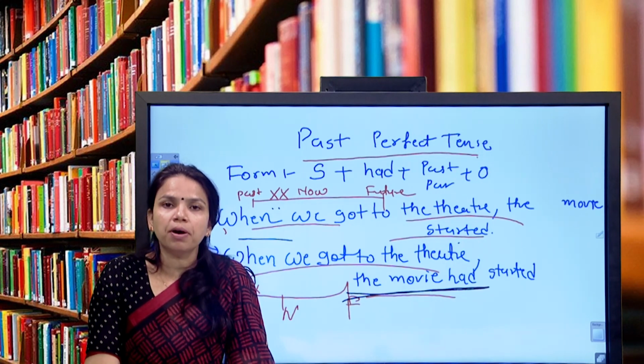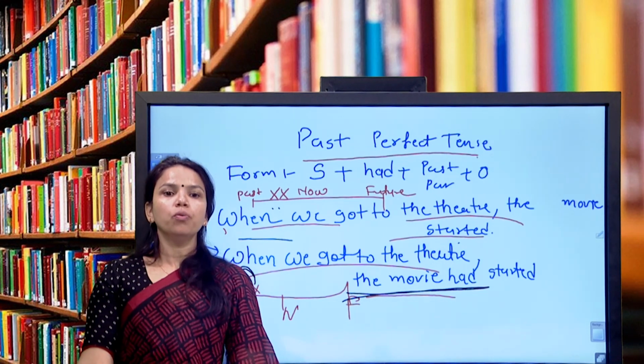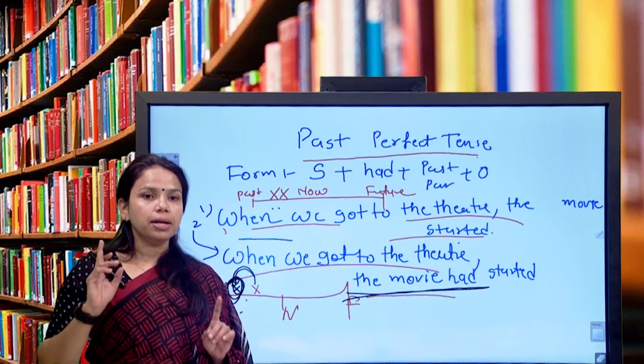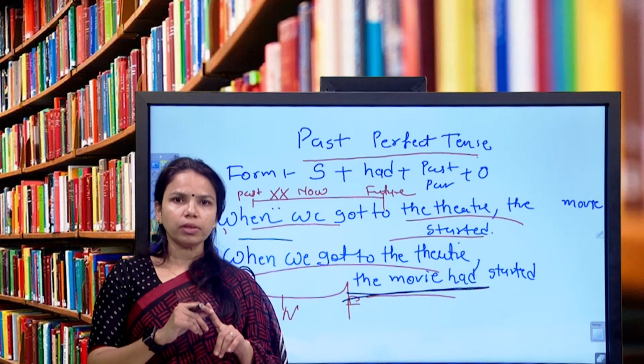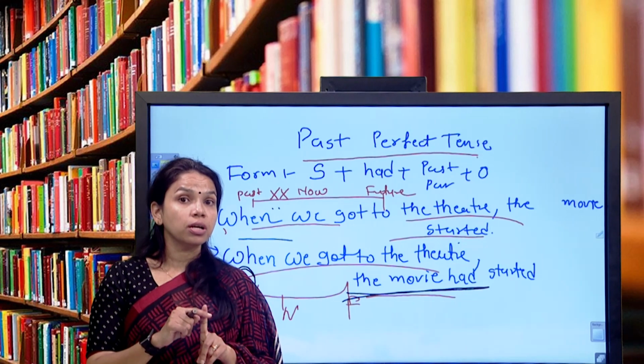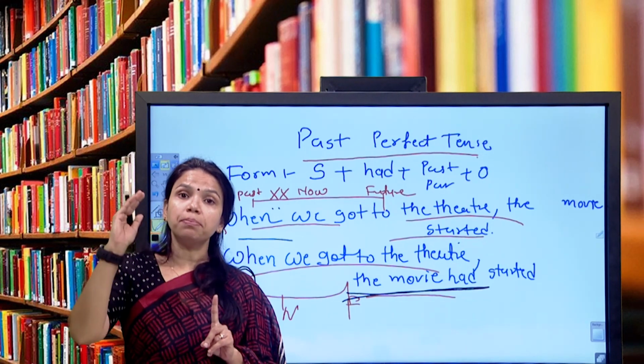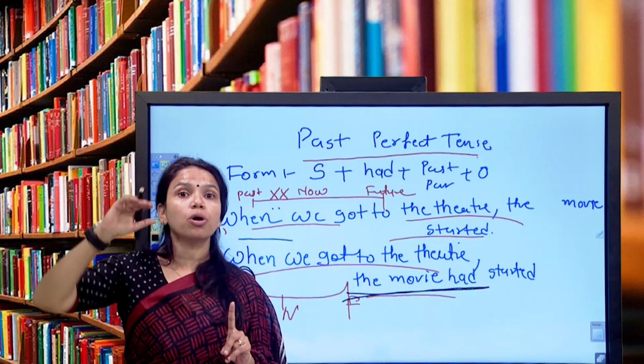So present perfect tense and past perfect tense are the two tenses that we have discussed today. In present perfect tense, what do you have to keep in mind? Like, I taught English means it is completed; in the past I taught English.